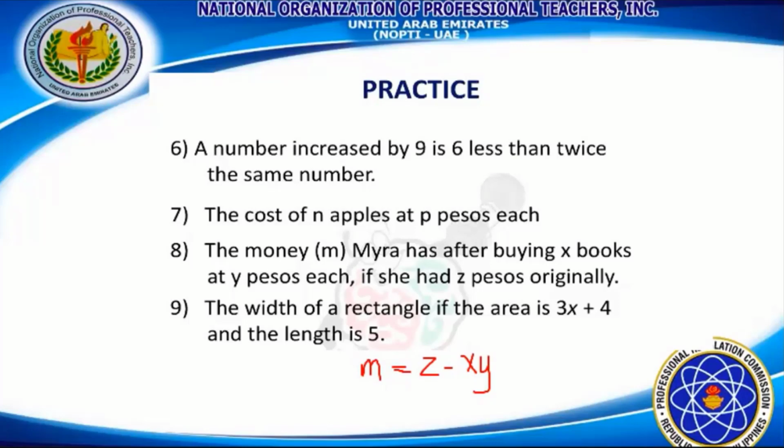So we have W equals 3x plus 4 over 5. Okay, let's proceed.